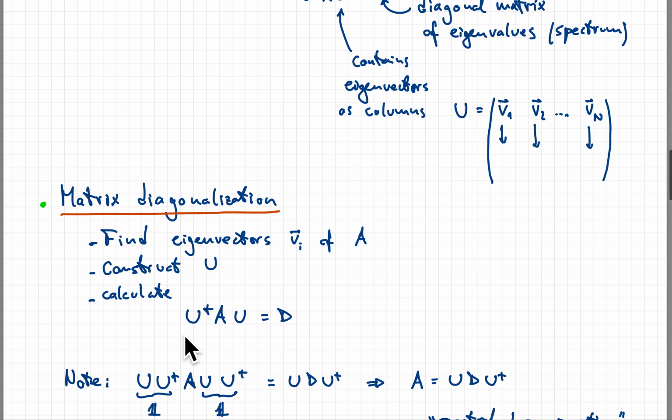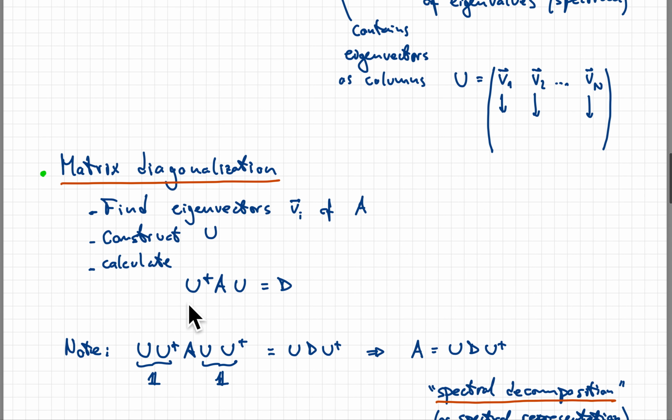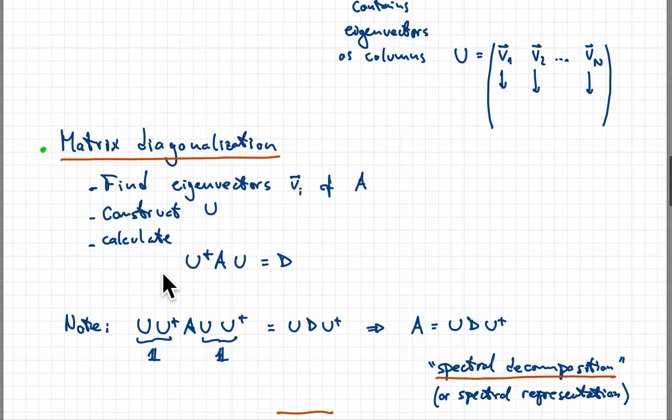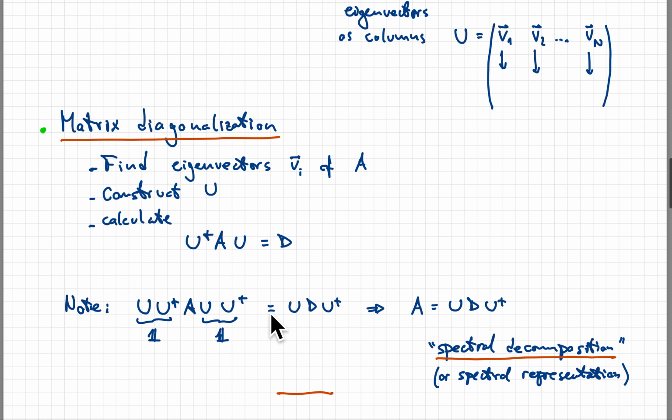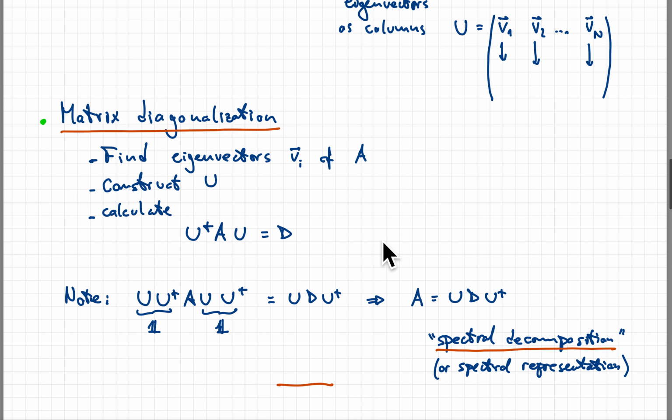So, transforming A into a diagonal form in this way by sandwiching between U and U dagger. Now, if you multiply by U on the left on both sides of the equation and U dagger on the right of this equation, then you obtain this identity, which is U U dagger A U U dagger is equal to U D U dagger. Now, U U dagger is 1 because U is unitary, because we're assuming that A is normal here.